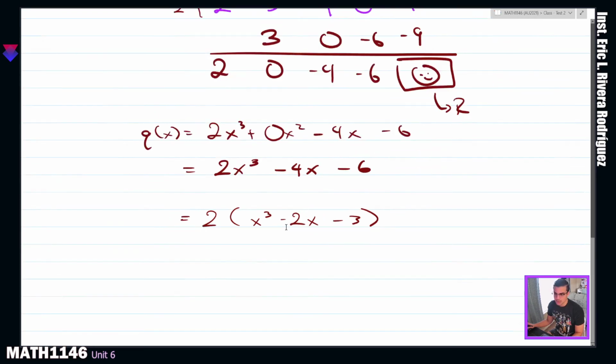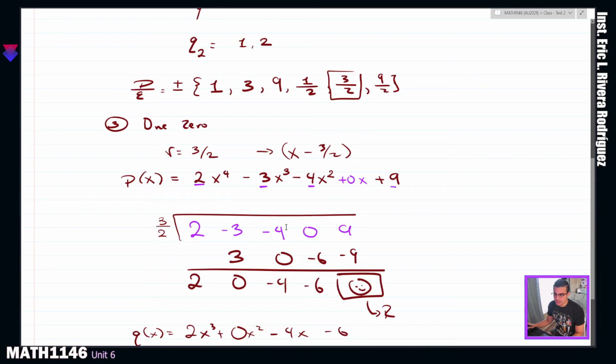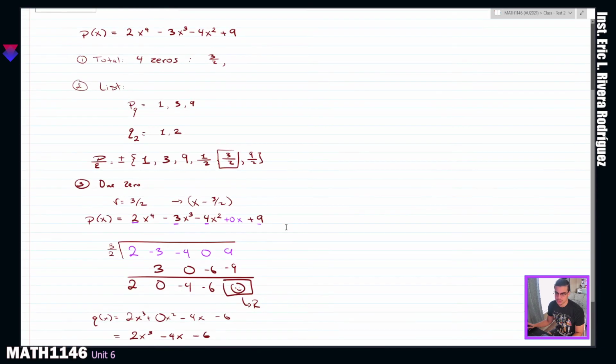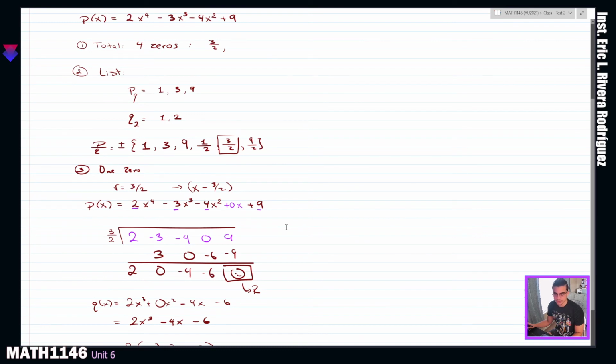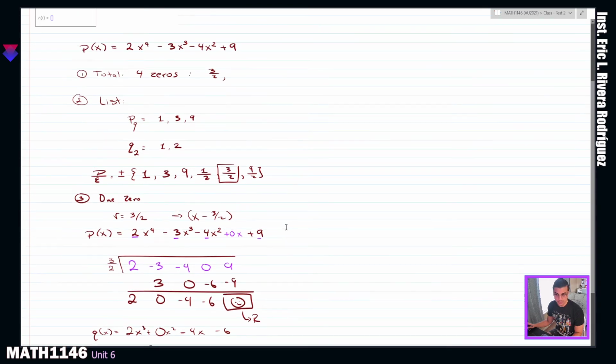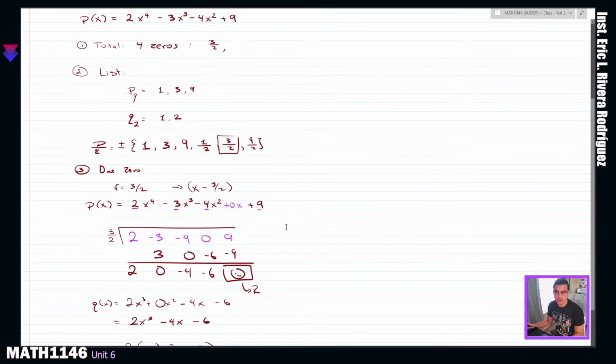Okay, but what is important here is that we went through the process of total zeros, the list of rational zeros, using the graph, and the depressed equation. And this is all you want to do on the steps.